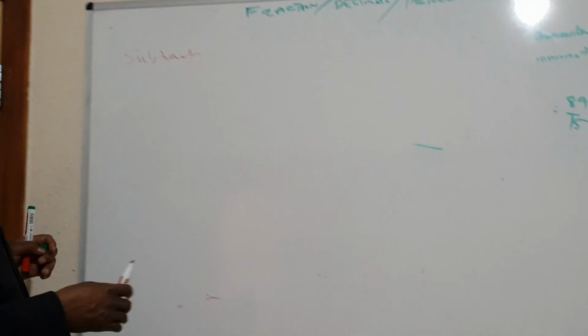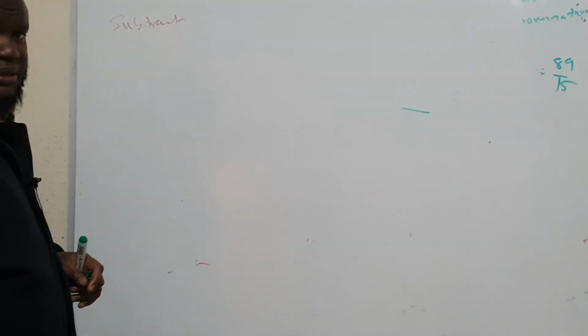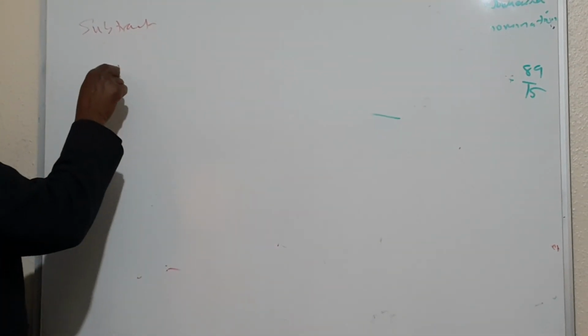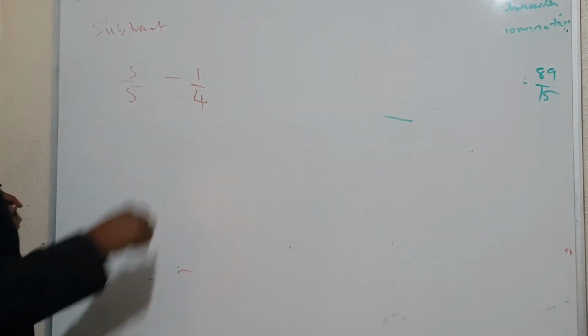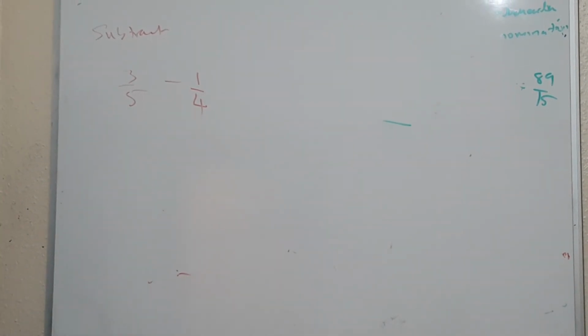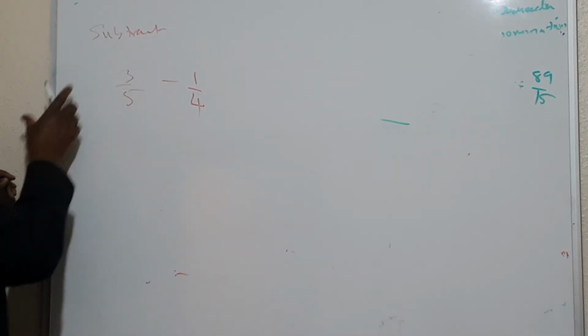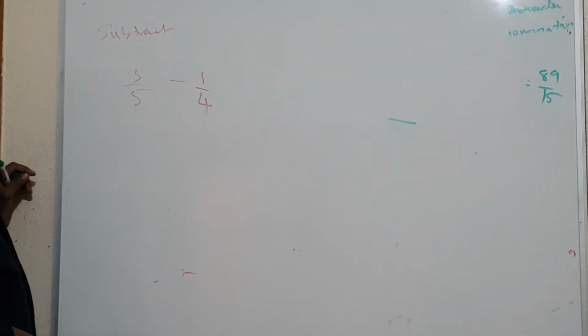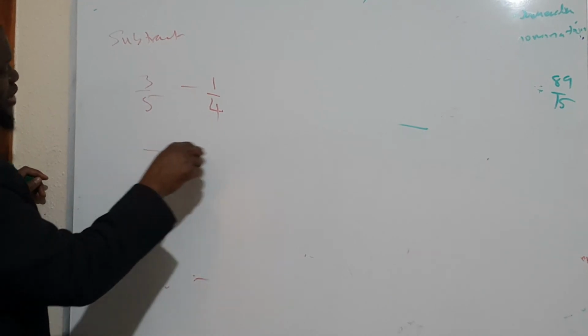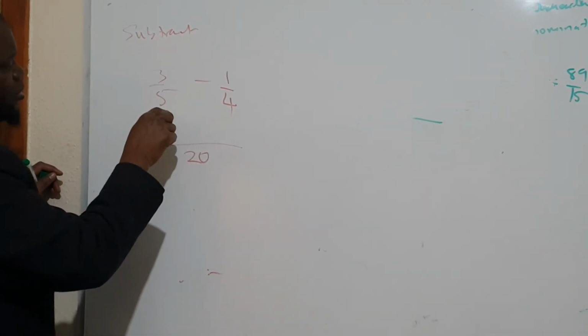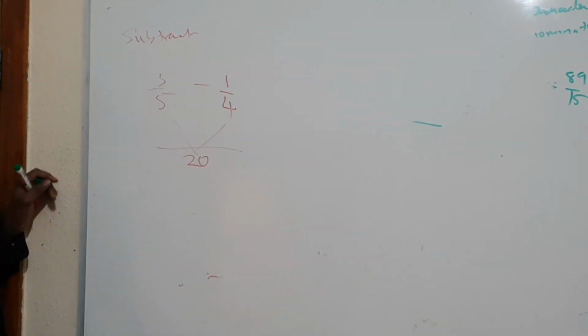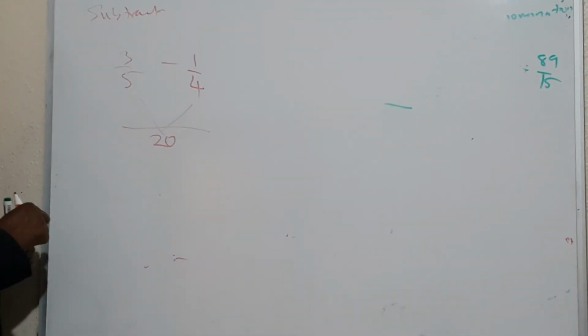still we convert it into its equivalent. 3 over 5 minus 1 over 4. We can convert these two to a common denominator. We have to find the African way. Find the lowest common multiple, because they can both go to 20. If we are going to try and error, but we just multiply the two.